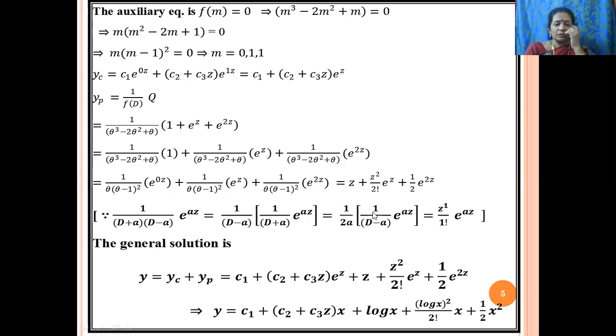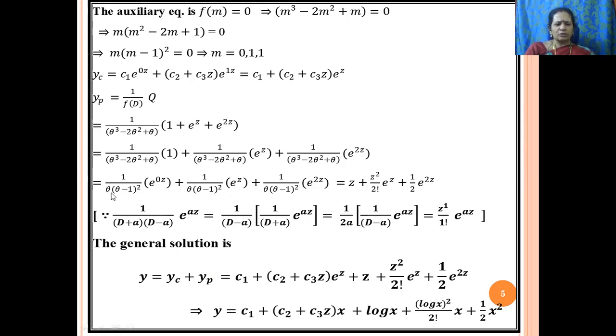Now here, if we substitute the z coefficient directly, which we call a, the denominator will become 0, right? So this is in the form of 1 by theta into (theta minus 1) whole square.